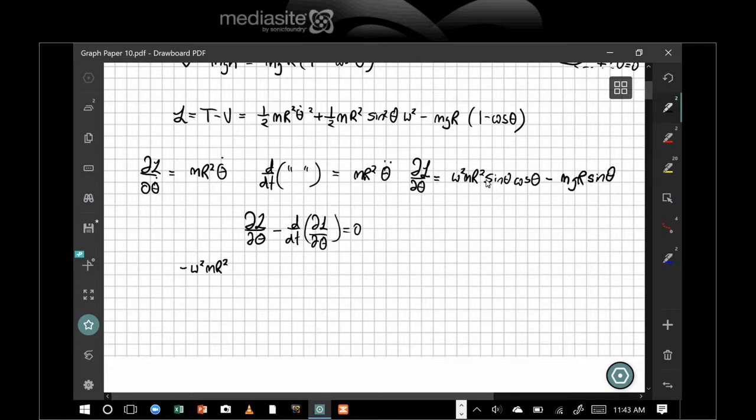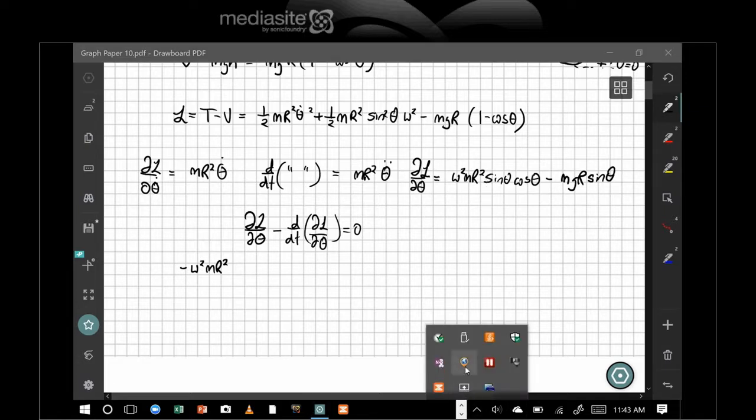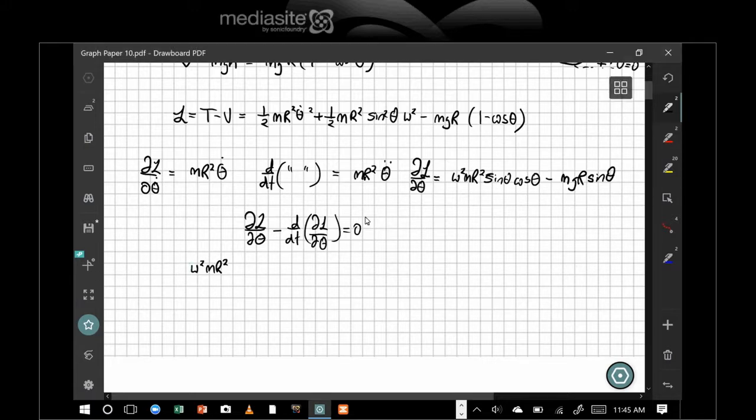Okay, now we put that into the Euler-Lagrange equation, or really, at this point I would call it the Lagrange equation. It's really its appropriate name. So I have all the stuff there. And then that's going to give me omega squared m r squared. Sorry, I made a mistake. There is no minus sign there. So we got that.